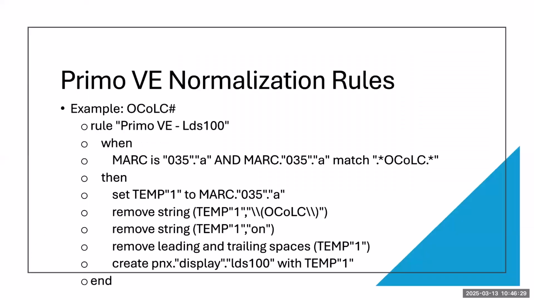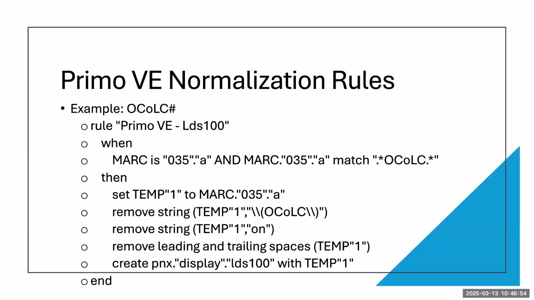Okay, then there are just straight Primo VE normalization rules. And this is where we make MARC data conform to the display our display wants and needs in Primo VE. In this case, this was a rule that runs over the OCLC number.